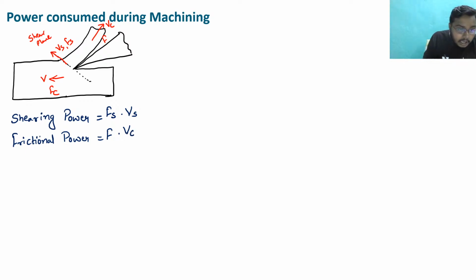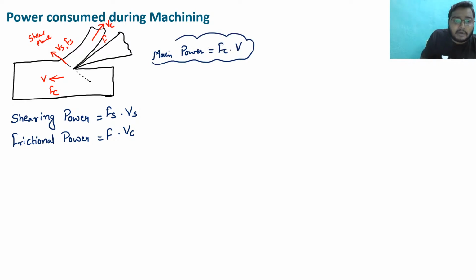Okay. Now see, the main power is Fc into V, because this is the main cutting power, right?